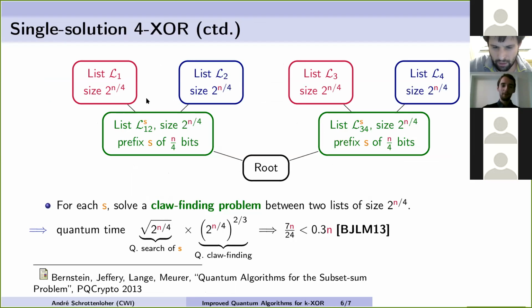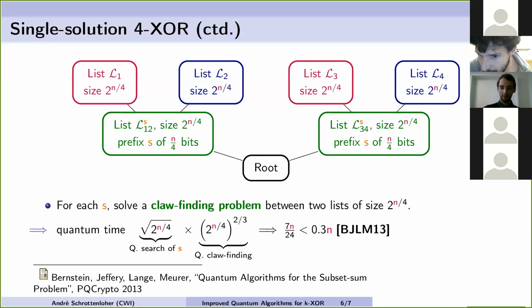We start from our list here and assume that we have fixed this value s. Now what we want to solve is a problem that is finding a collision, if there is one, between these 2 lists that I put in green. And we can use a black box quantum algorithm to solve that.